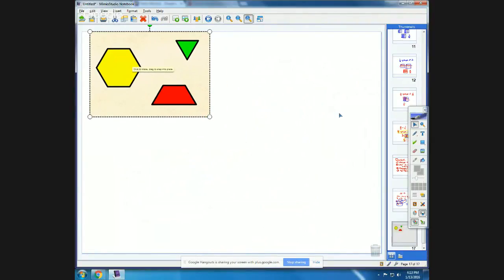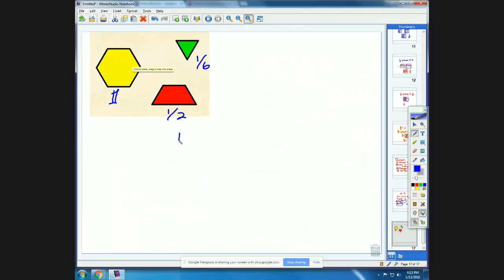All right, so earlier in one of our activities, at least one part of it, we said this one right there was 1 whole. That made this guy 1/2 and this guy 1/6. So I'm going to try and do the division problem, 1/2 divided by 1/6.